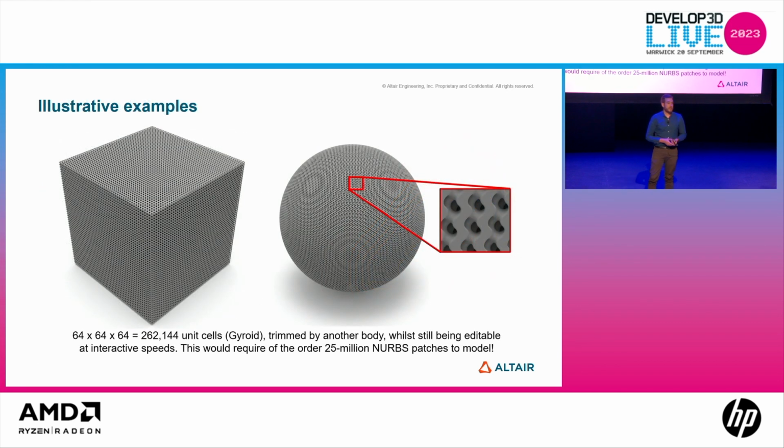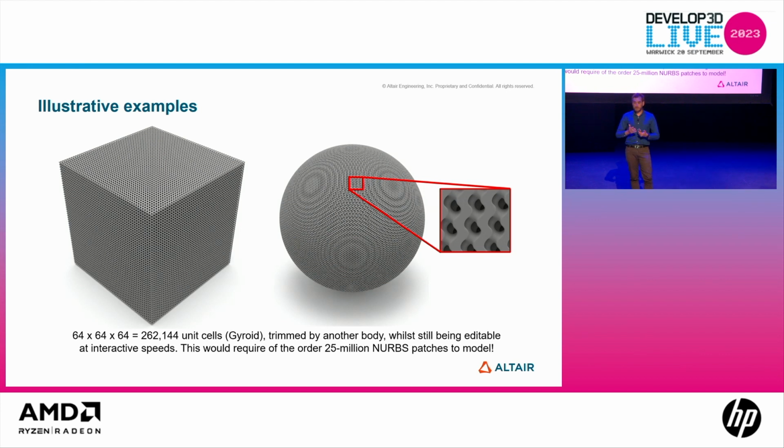As an illustrative example, you can imagine something that looks like this, which is just a lattice geometry with 250,000 unit cells, really fine features. If you try to represent this with typical B-rep or NURBS patches, you're going to need something like 25 million patches, which probably most, if not all, machines or hardware would struggle to represent.